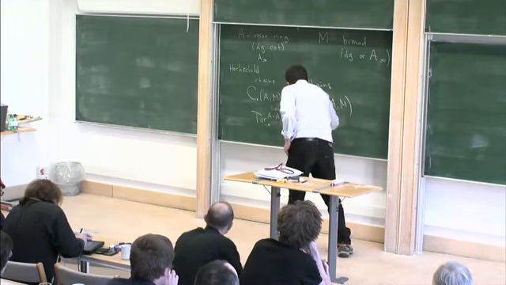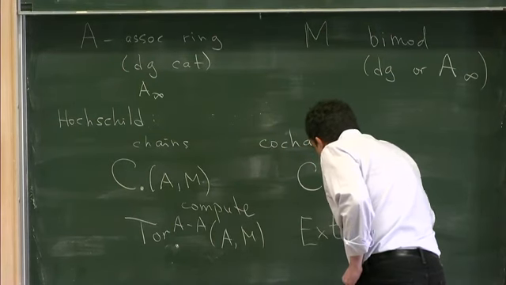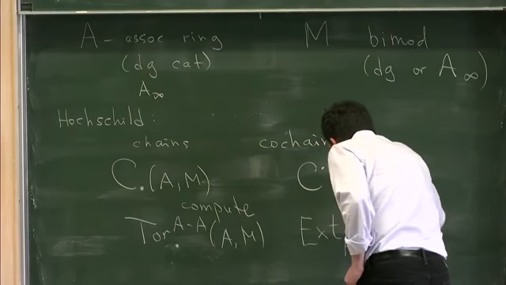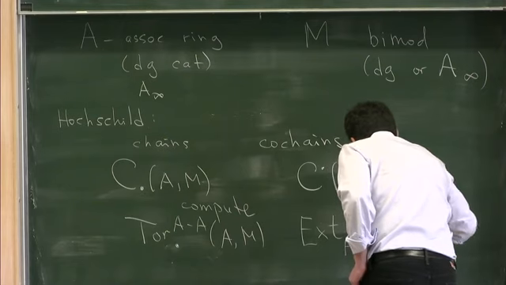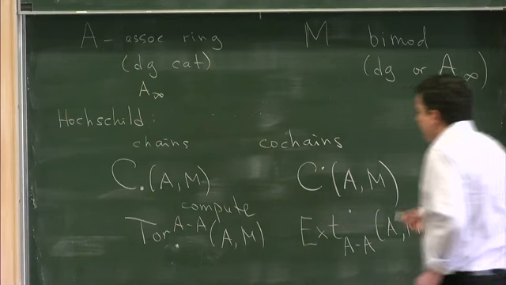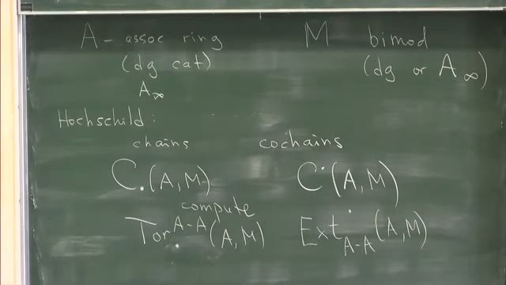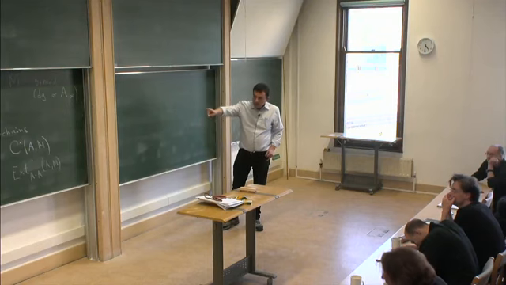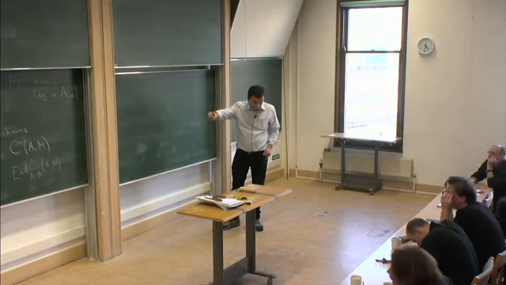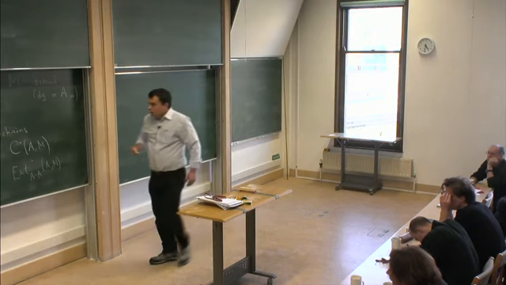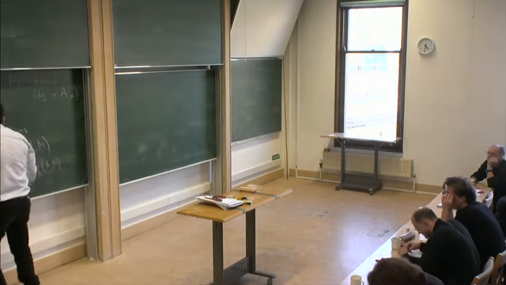But second, they have an invariant homological or cohomological meaning. They compute Ext and Tor of A and M viewed as A-A bimodules. This is one of their features, so to speak.